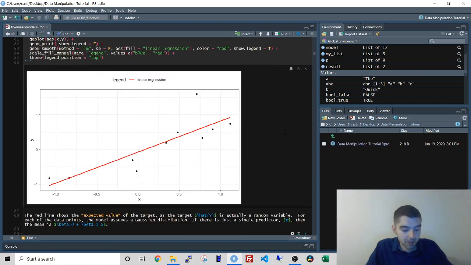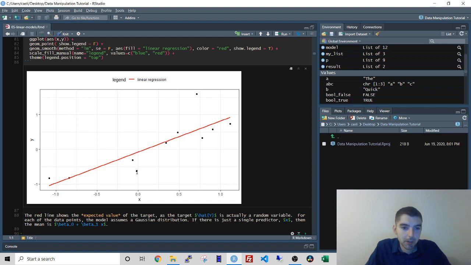In a two-dimensional case, this is simply a line that connects points together. On the x-axis, you see the predictor variable, which is just x, and on the y-axis, you see the response. So these dots are the actual data points.